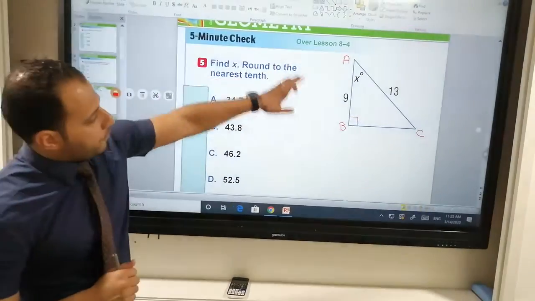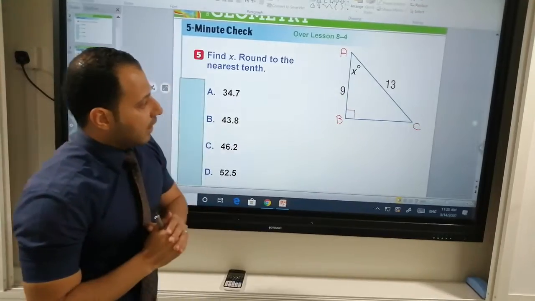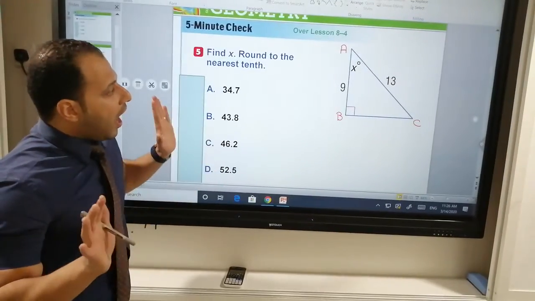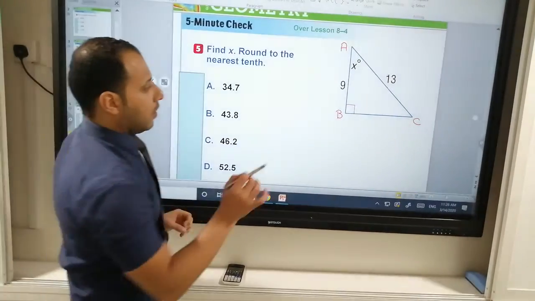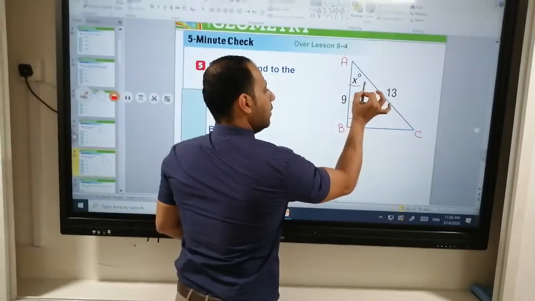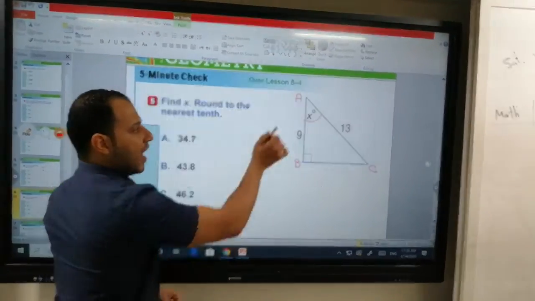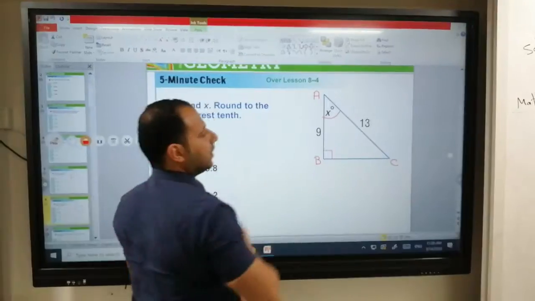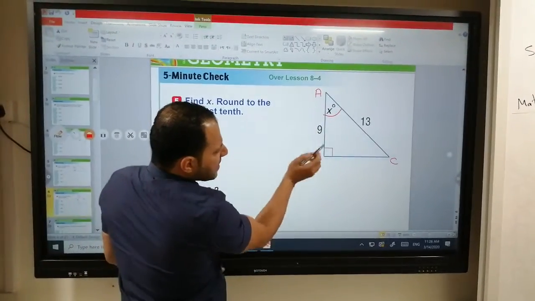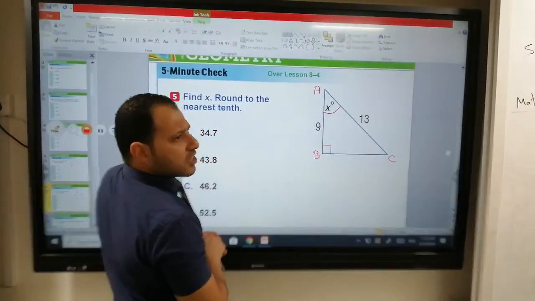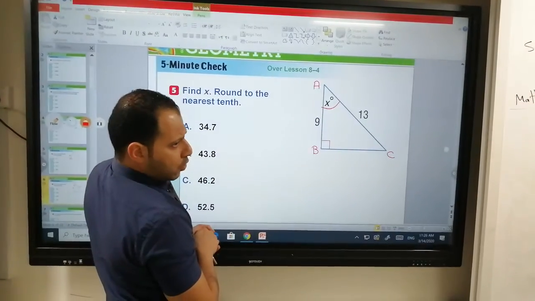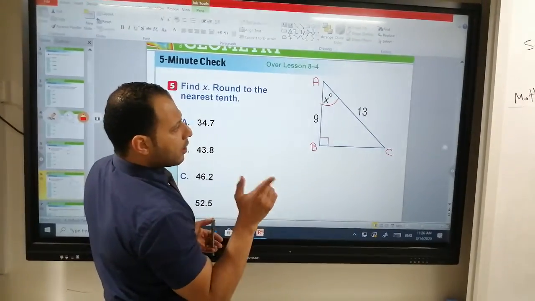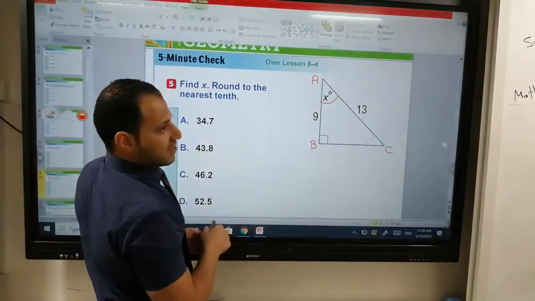The missing value is an angle. What shall I do? I need first to get the relation. I need to find this angle. He gave me the hypotenuse as 13. And this side represents what to the angle? It represents the adjacent side.